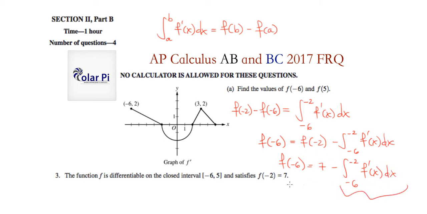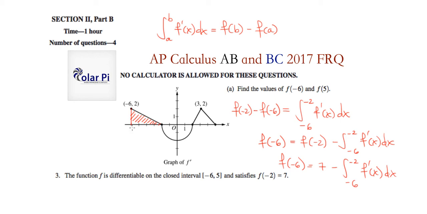That means we're looking at the area under the curve f prime from x equals negative 6 to x equals negative 2. So what we're talking about is this area right here, from x equals negative 6 to x equals negative 2. That's the area of this right triangle right here.